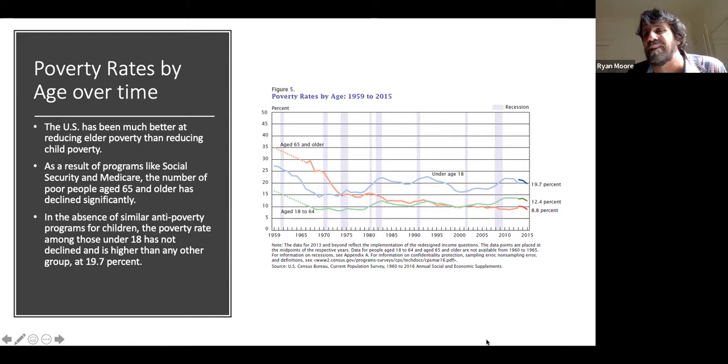This is not just some fact that we have to accept. We don't have to just say, well, there's nothing we can do about the rate of child poverty. We have the example of what we've done in terms of elderly poverty as a counter argument to that, to say, look at the progress that we've made in curing elderly poverty.